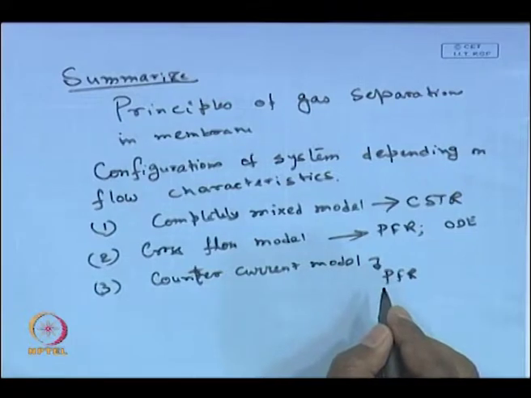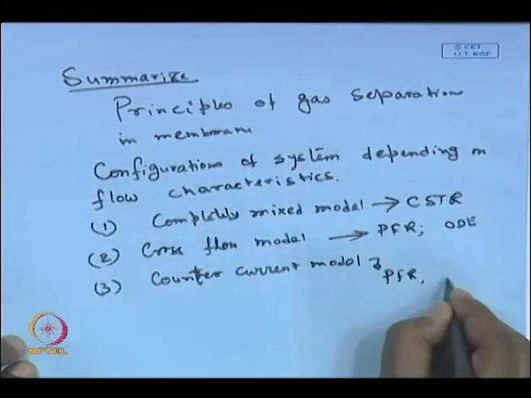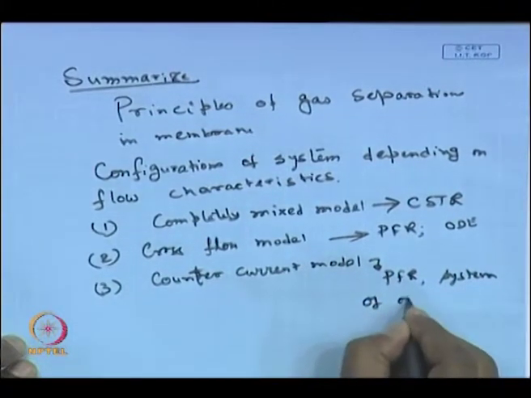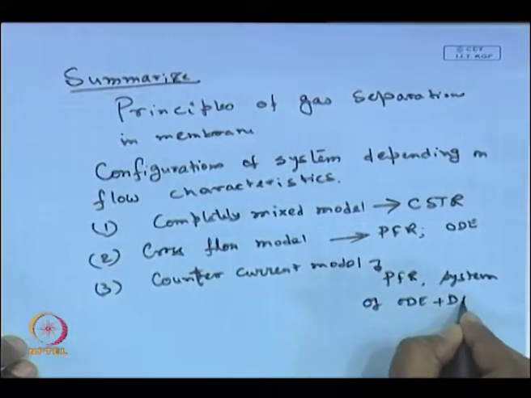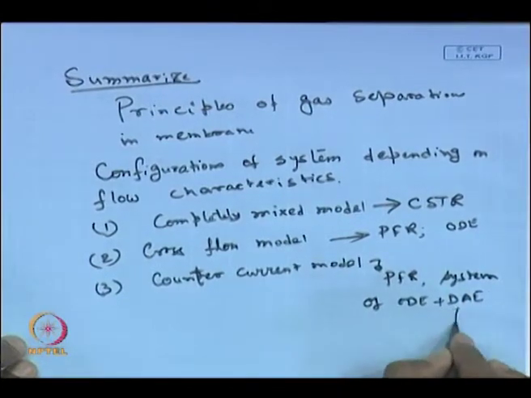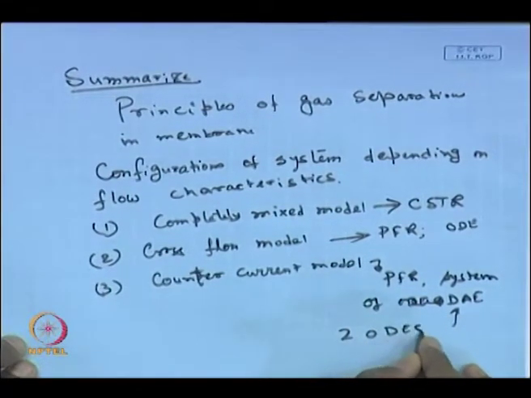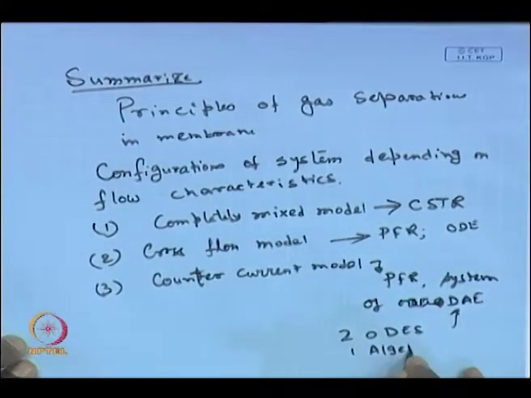That means, at every location of the membrane length, the concentration of the solute will be varying, and you will have a system of ODE plus DAE, that means ordinary differential equations plus a differential algebraic equation system. That means, it consists of 2 ODEs for a binary system and one algebraic equation.